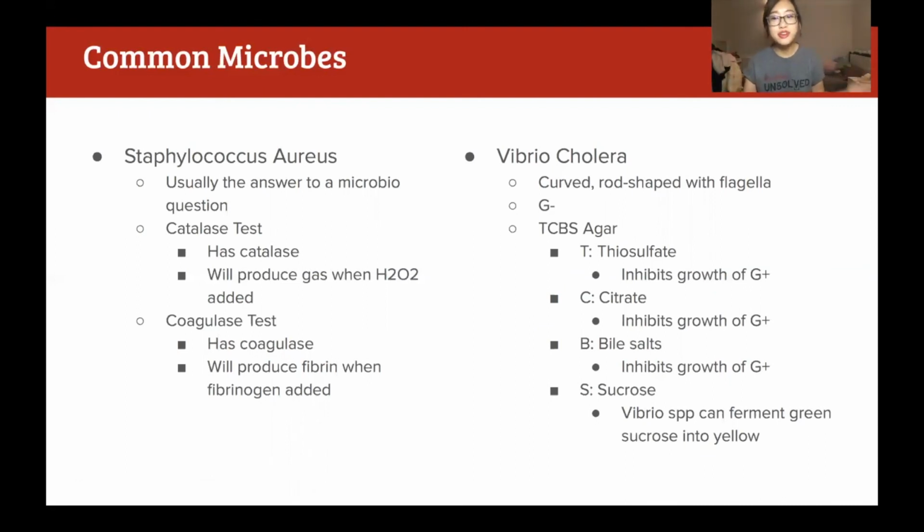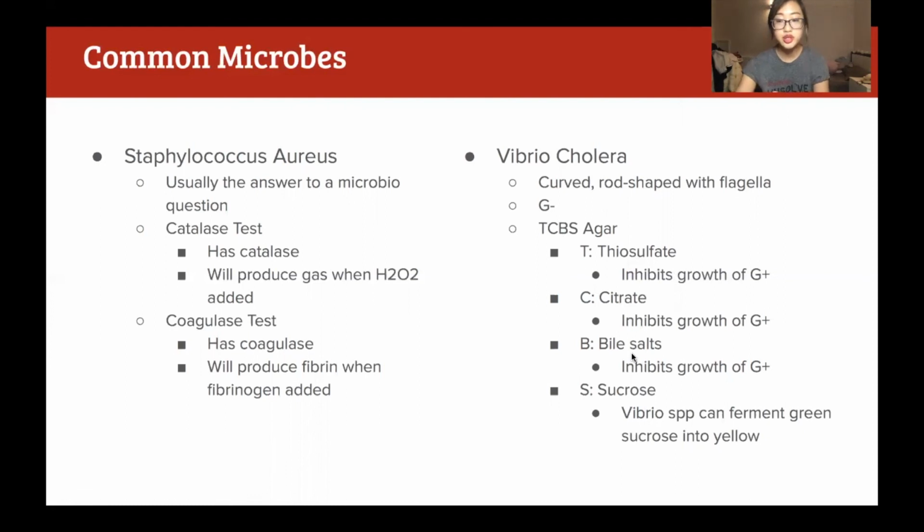Okay, anyway, Vibrio cholera. It's curved, it's rod-shaped, and it has a flagella, and it's gram negative. So what are you gonna do? You're gonna put it onto the TCBS agar. So T is thiosulfate, C is citrate, B is bile salts, and S is sucrose. So thiosulfate, citrate, and bile salts.